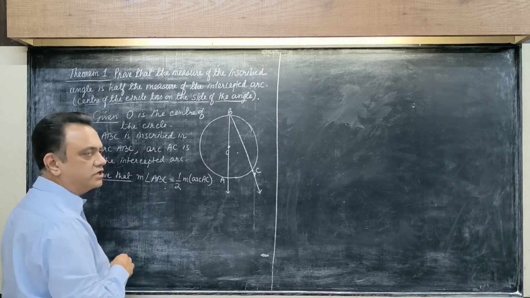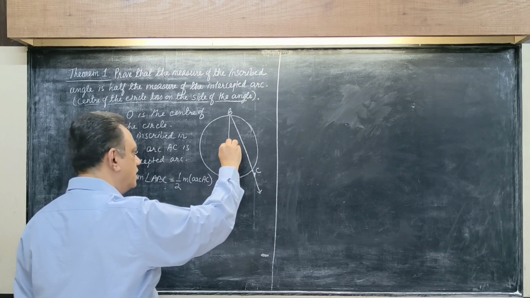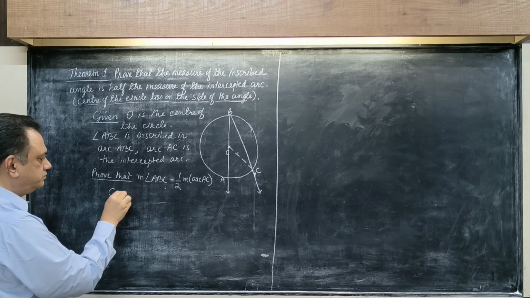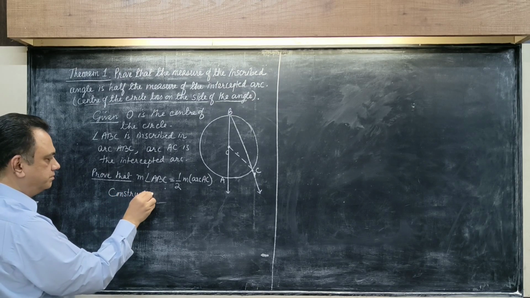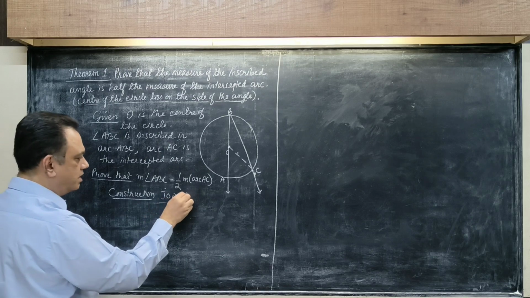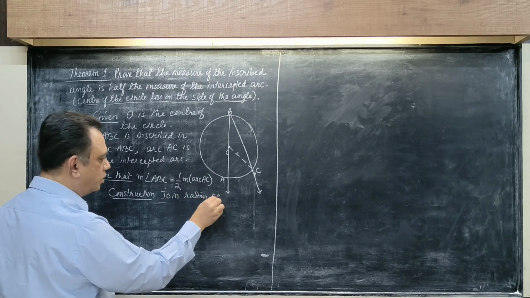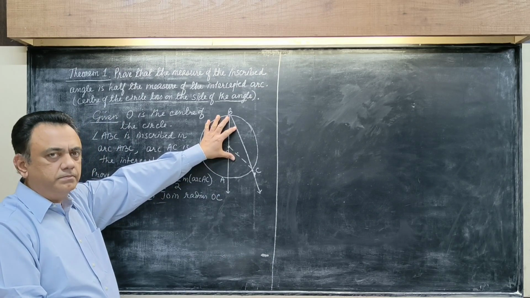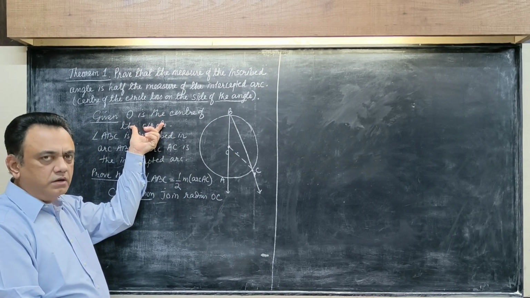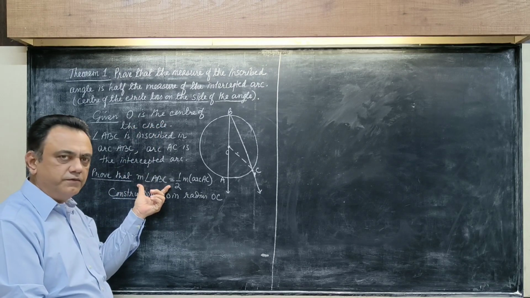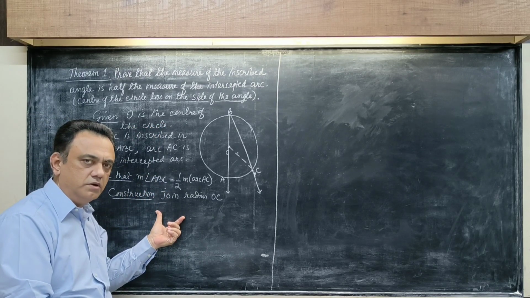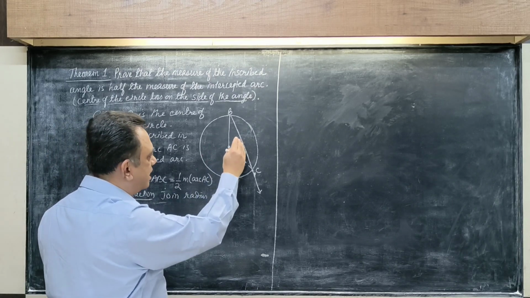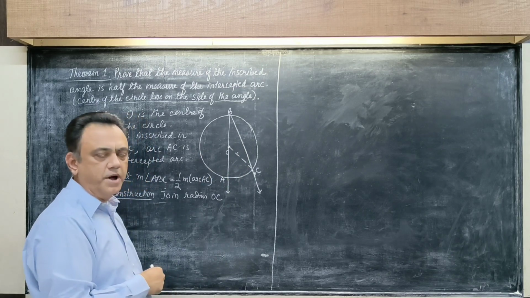There's a small construction you have to do over here. Construction: join radius OC. I have drawn the diagram. I have written the given, what to prove, and construction. Before I start proving it, I'll give an idea how to go about it.